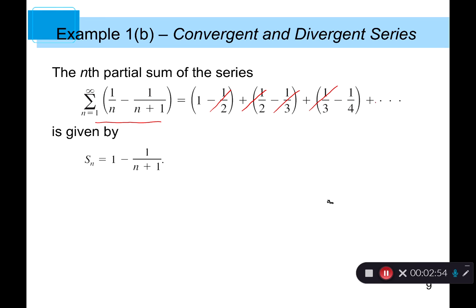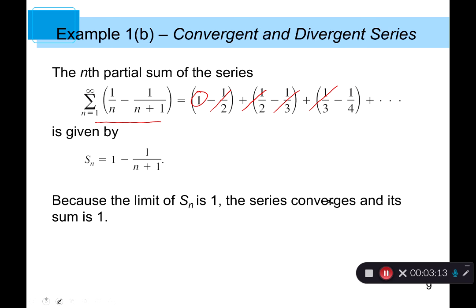I'm going to have a negative 1/4 and positive 1/4. They're going to add up to 0. So all the subsequent terms after the 1 are basically going to be eliminated because they're going to be added and subtracted the same thing. So this series again would converge and its sum would be 1.